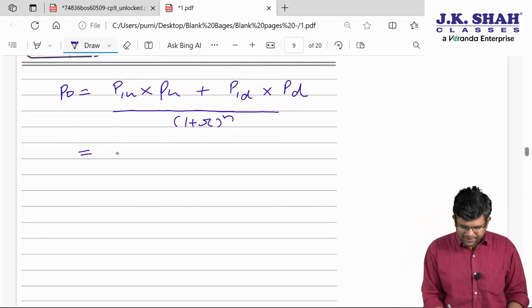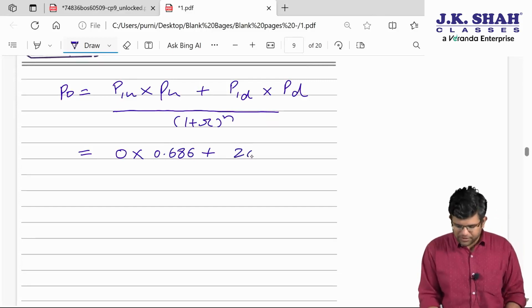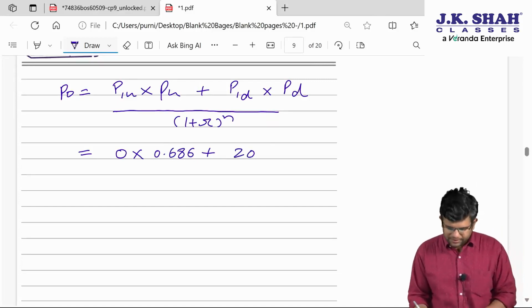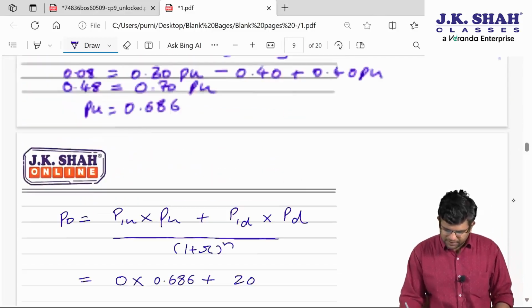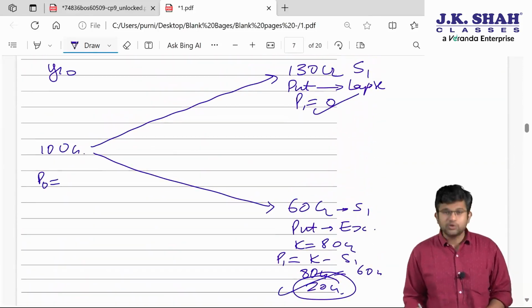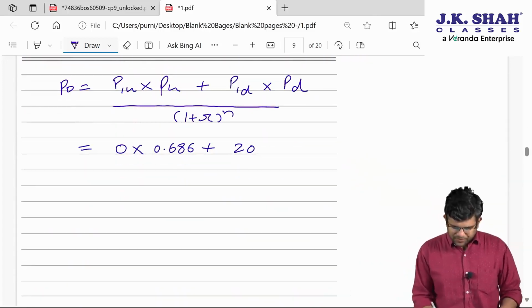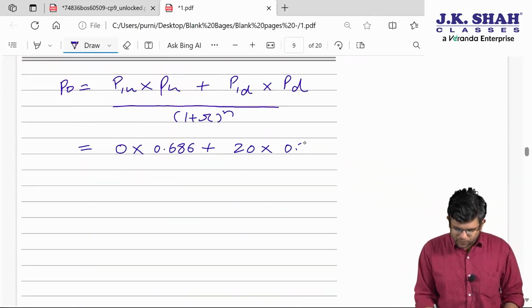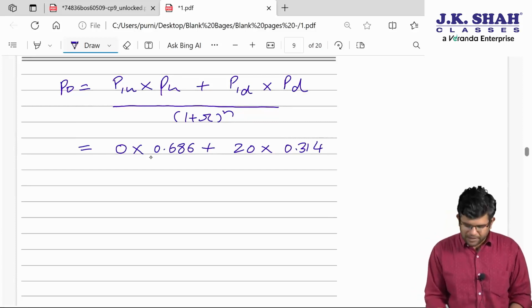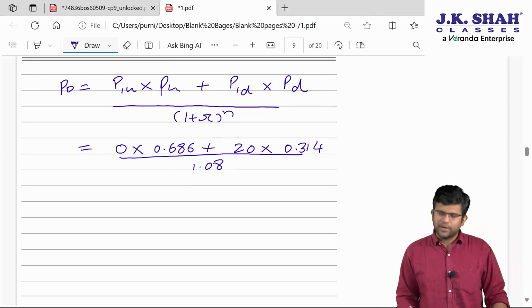On the upper side, can I say the put value is 0 and the probability is 0.686. On the lower side, the put value is 20 crores. I hope you remember that, the tree which we had drawn some time back, right? You can see this. This is 0 and this is 20. Everybody clear? So now we will write 20 into the PD is 0.314, that is the probability of the downside, the whole upon 1.08 raised to 1.